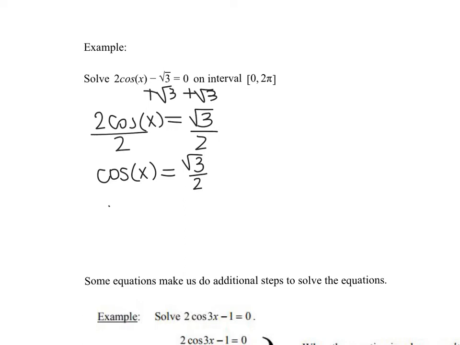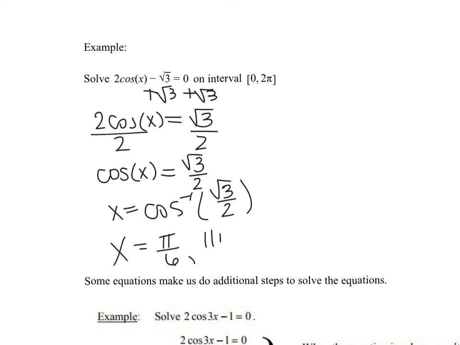So our solutions are going to be when x equals the cosine inverse of radical 3 over 2. So on the unit circle, we're looking for when cosine is radical 3 over 2. And that happens when x is pi over 6 or 11 pi over 6.